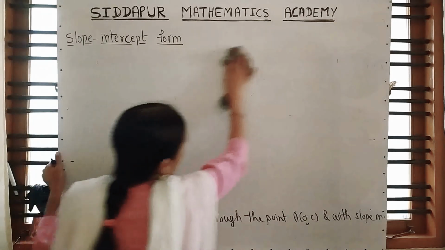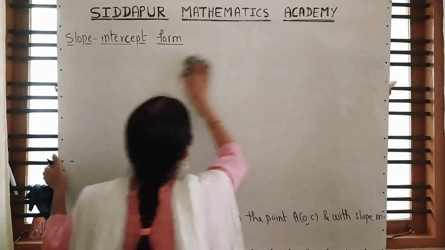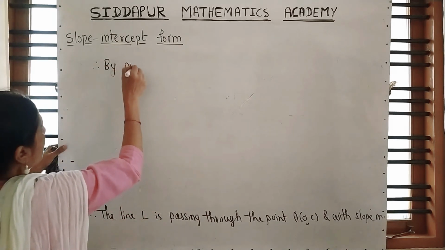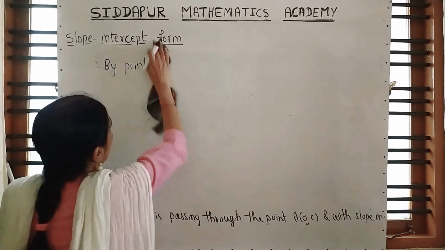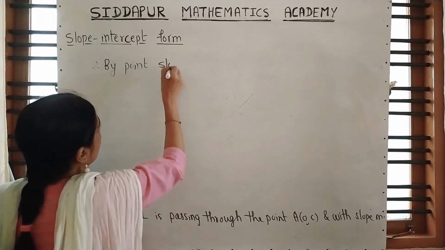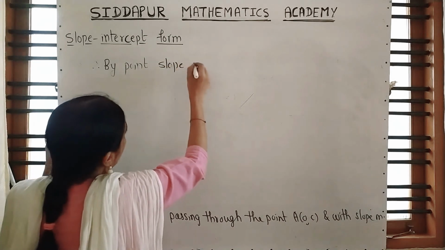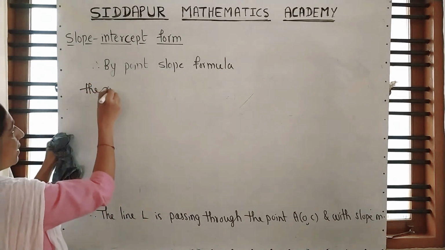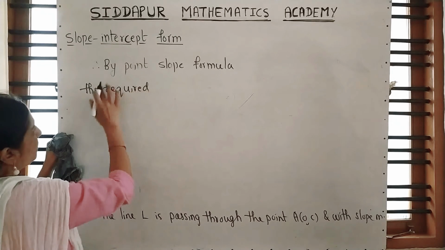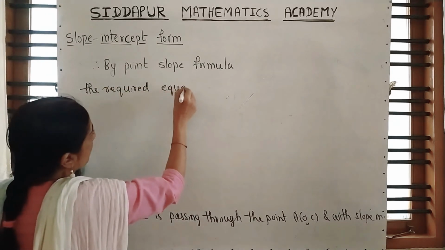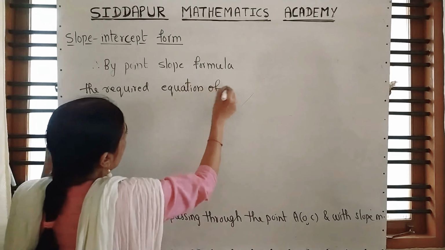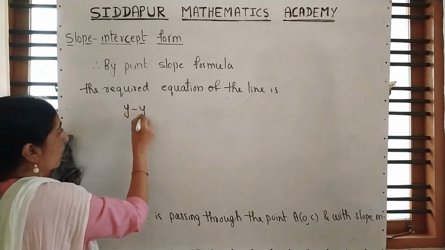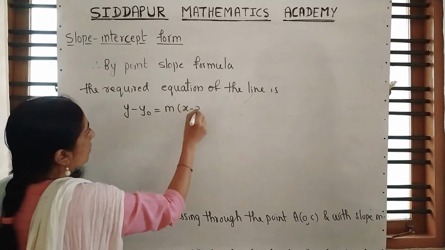Therefore, by point slope formula, the required equation of the line is y minus y naught is equal to m into x minus x naught.